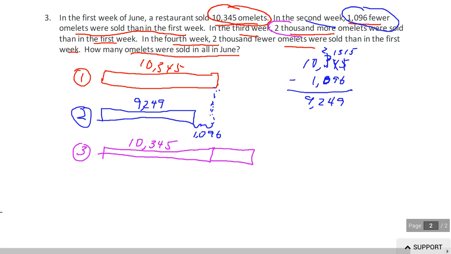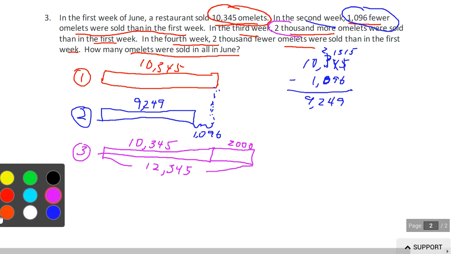Okay, so this is 2,000 more here. So basically that's going to be 12,345. So we know that week number 3 is 12,345. So that is week 3.